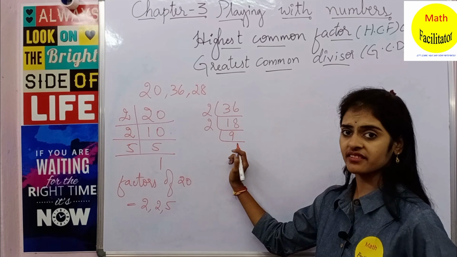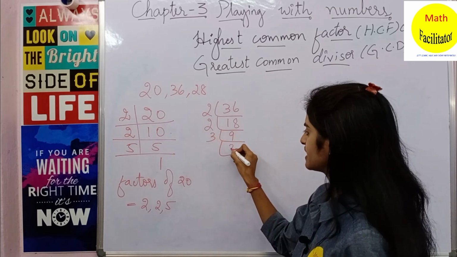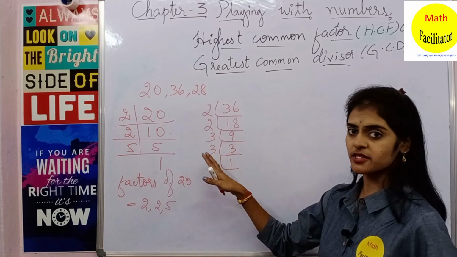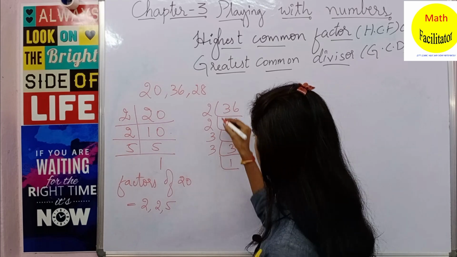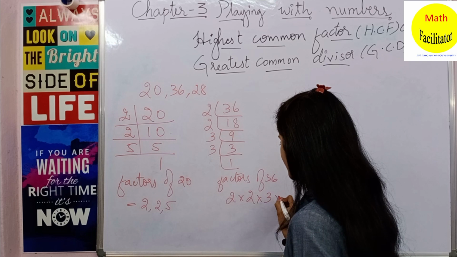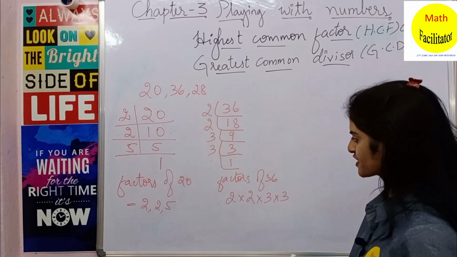Now 2 doesn't divide 9, so in 3 table you get 9, so 3 3s are 9. Again 3 ones are 3, so 3 is also a prime number, so I have used it. Okay, so now factors of 36 are nothing but 2 into 2 into 3 into 3. Yes, 2 into 2 into 3 into 3 are the factors of 36.